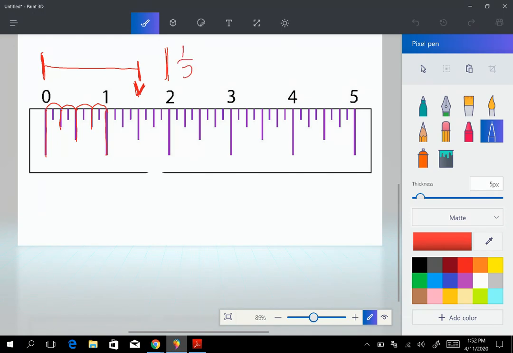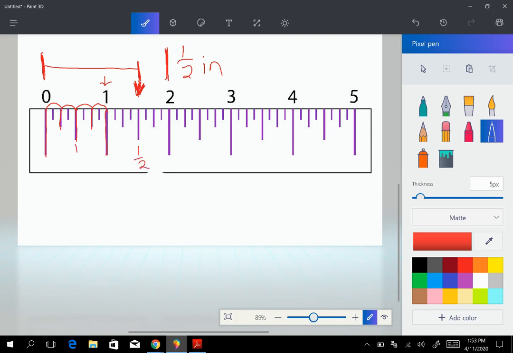So this line measures 1.5 inches because it passed the whole number 1. It went past the 1 and then went to here, and that's the half-inch line.